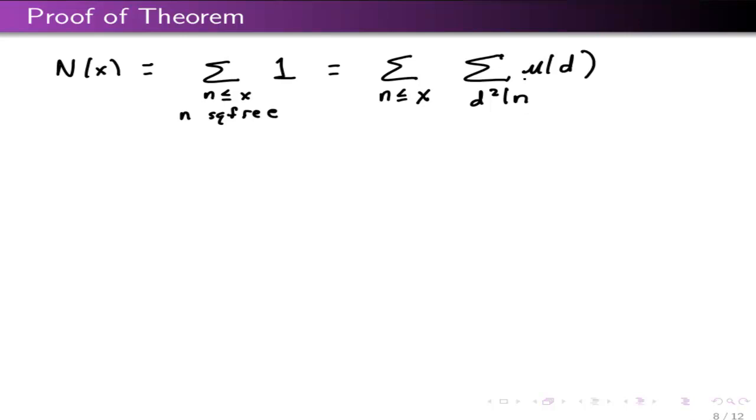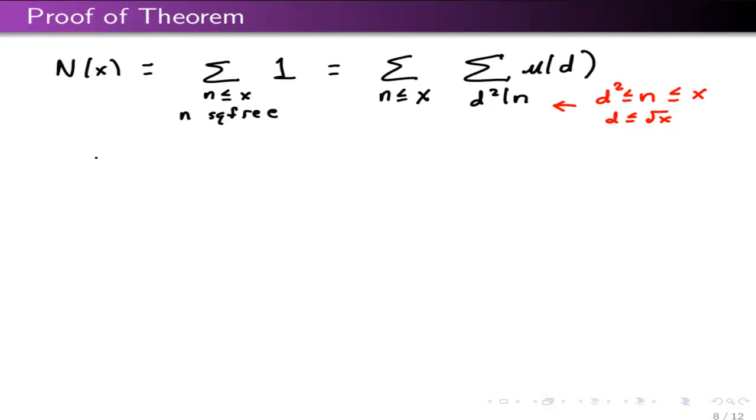Okay, now let's rearrange the summation. So we have to talk about the range of values that d runs through here. So d squared is a divisor of n, meaning d squared is less than or equal to n, which is less than or equal to x. So d is always at most square root of x.